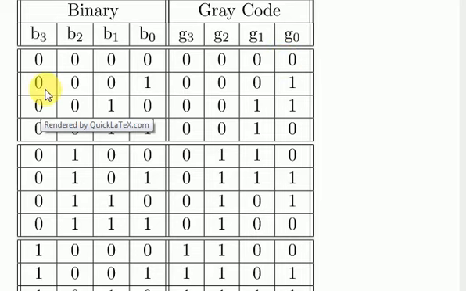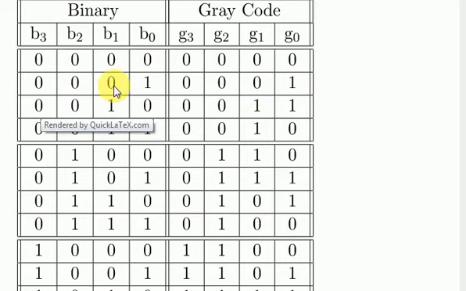In the next combination, that is 0 0 0 1, 0 will be placed here unchanged, it will be placed as it is. The next is 0. When we XOR these two, the answer is 0, so we will put 0 here. In the next combination, 0 0, again the answer will be 0, so we will place 0 here.